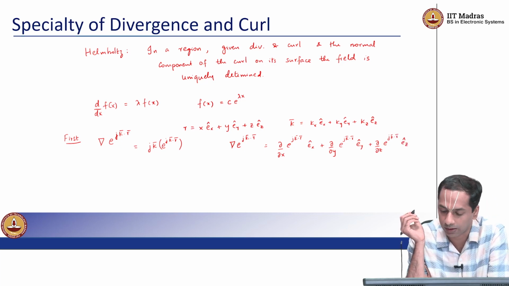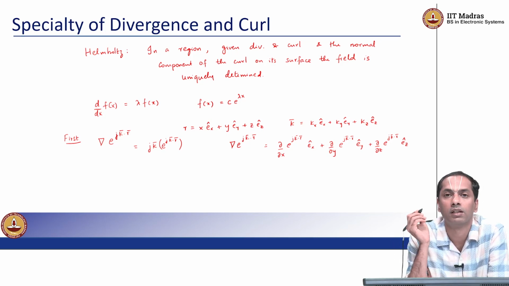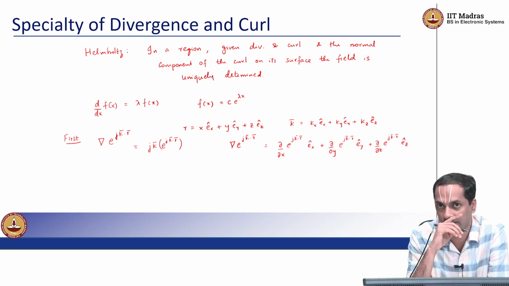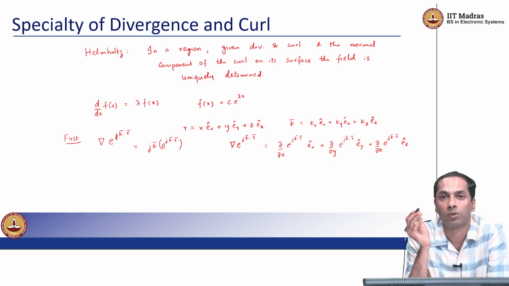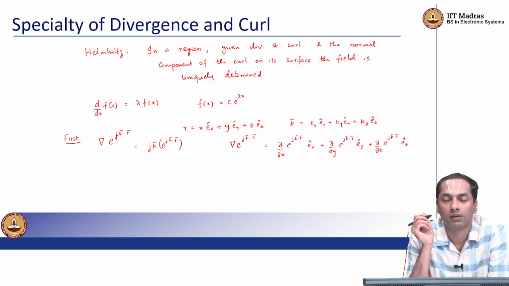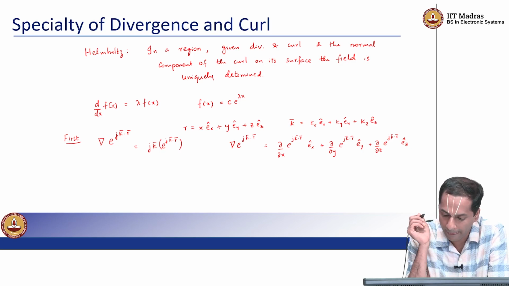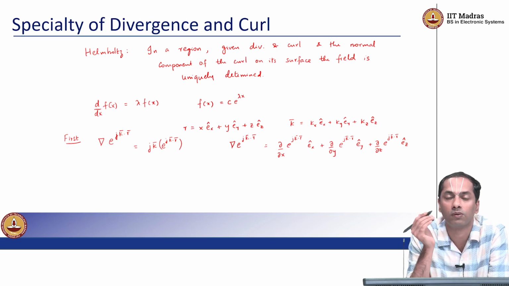So remember, the exponent is just kxx plus kyy plus kzz. When I take the derivative, you will essentially get the corresponding component, right. So kx, jkx would come out, and then you can remove the e to the j k dot r, right.